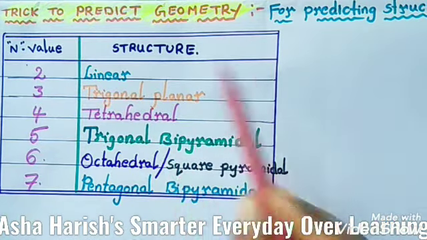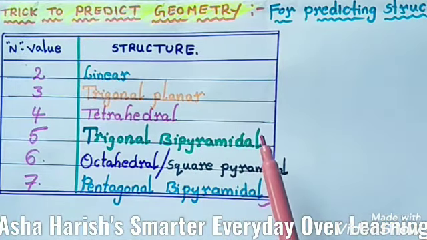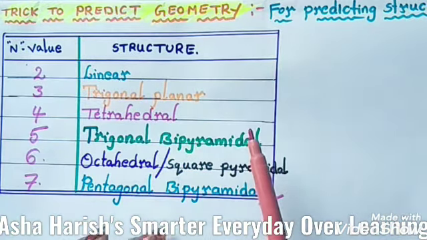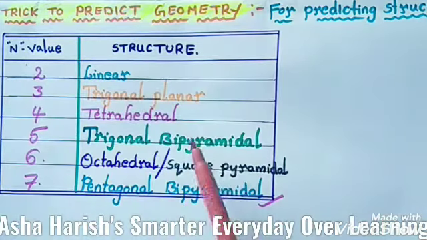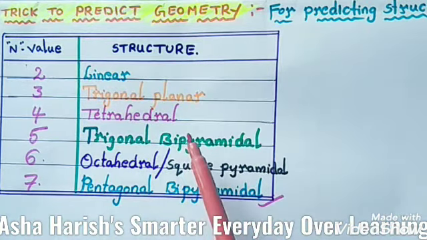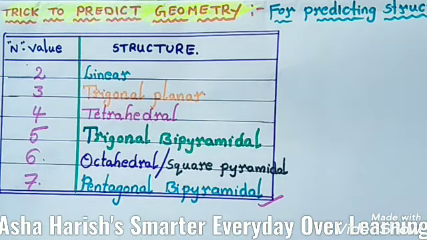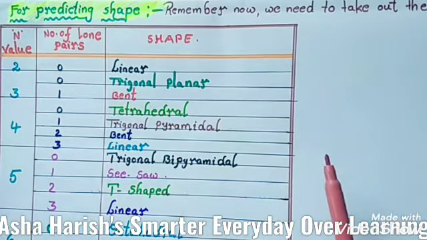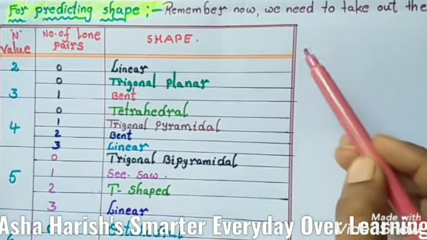Now students, in this trick to predict the geometry of the molecule, you need to have two tabular forms here. This is the first one. We need to apply those two steps. This is the first table. Now for step 2, what we have to do for predicting the shape. Remember, now we need to take out the lone pair of electrons.